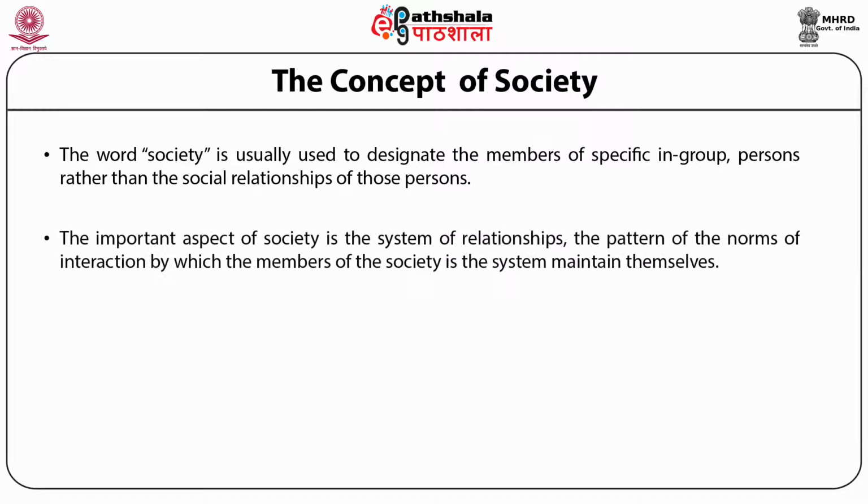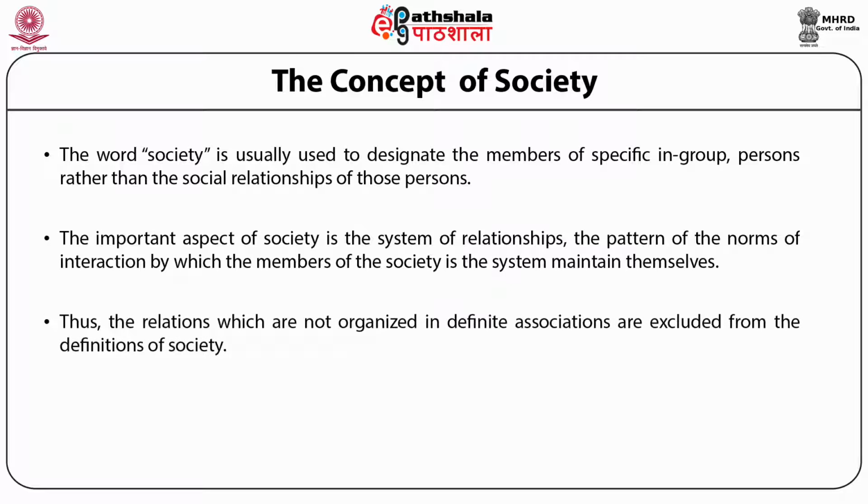So the important aspect of society is the system of relationships, the pattern and norms of interaction by which the members of society maintain a system by themselves. Thus, relations which are not organized in definite associations are excluded from these definitions of society as a whole.